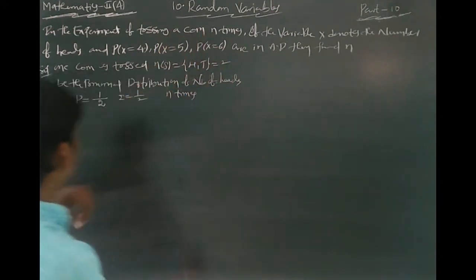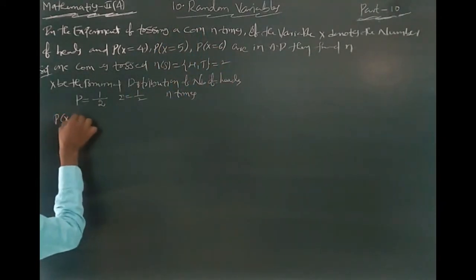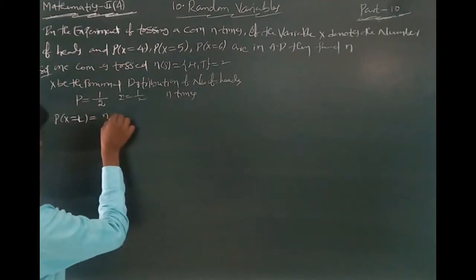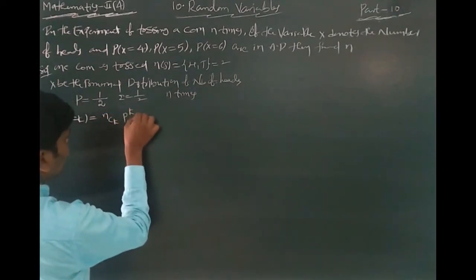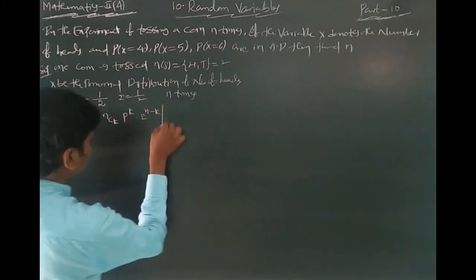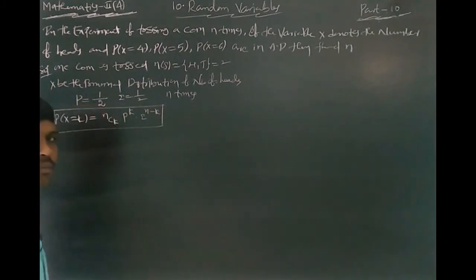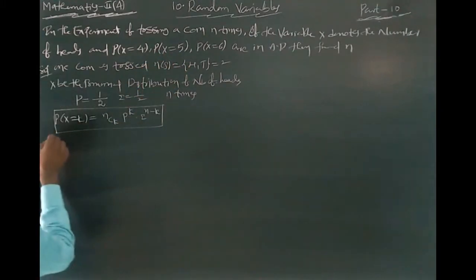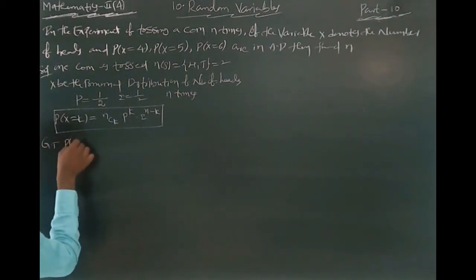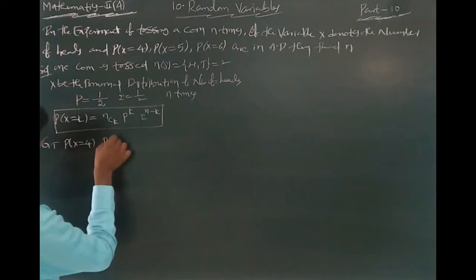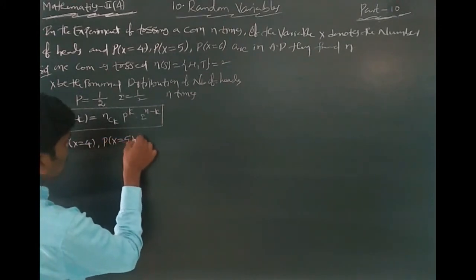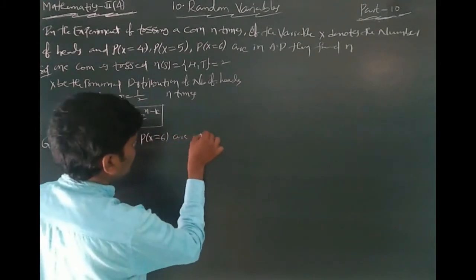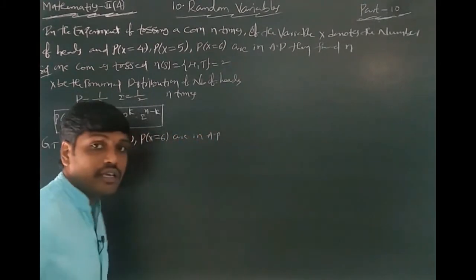After that, first of all, what is the binomial distribution formula? P of X equal to k is nCk p power k q power n minus k. This is the formula. In this formula, given that P of X equal to 4, P of X equal to 5, P of X equal to 6 are in AP.